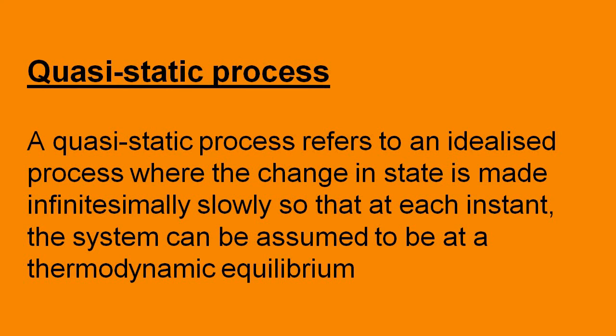But if the variations in temperature, pressure, etc., are very, very small, or if they are taking place very slowly, you can say that your system is almost at a state of thermodynamic equilibrium. Such an idealized slow process, in which your system is always near thermodynamic equilibrium, is known as a quasi-static process. And that's all.